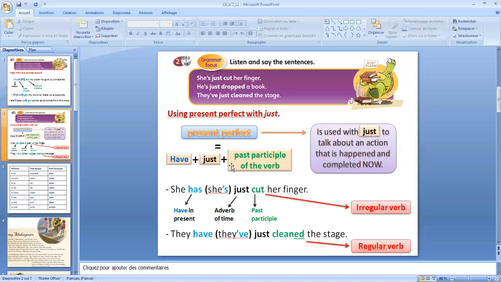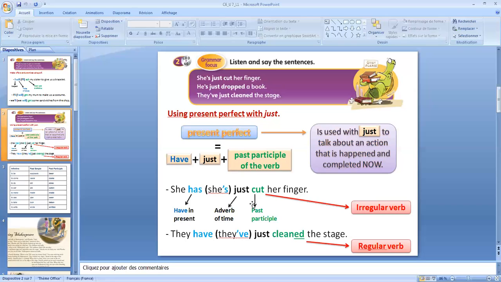So, for example, she has just cut her finger, and if we say she's, it means the same. Look, she has: the verb have in present, and we put it here as has because she is the third person. Just is an adverb of time.